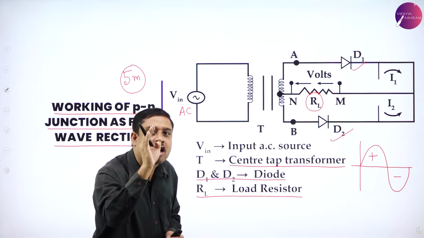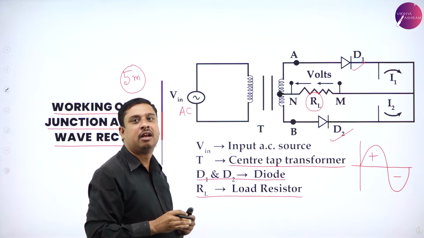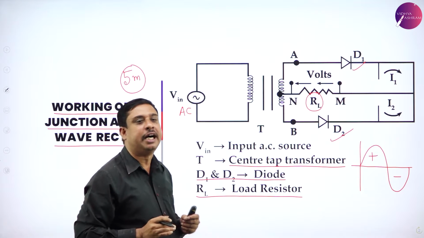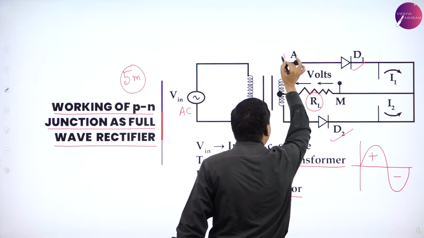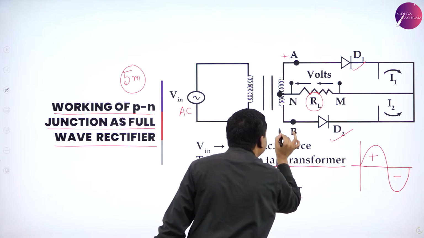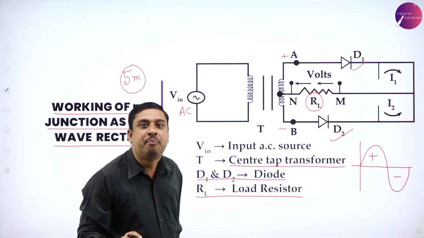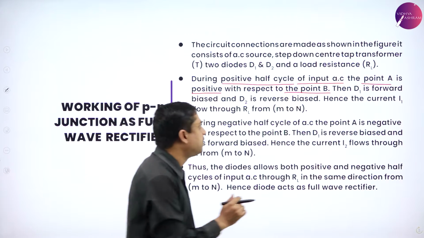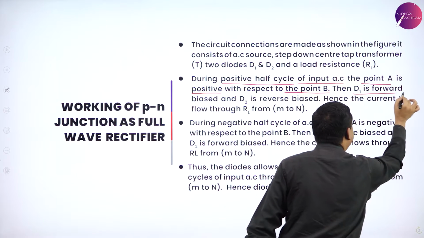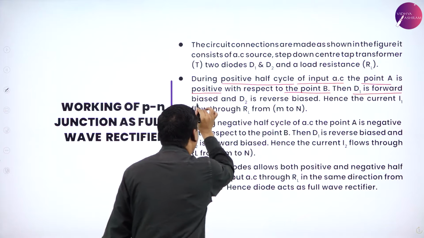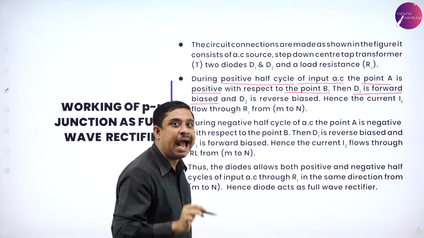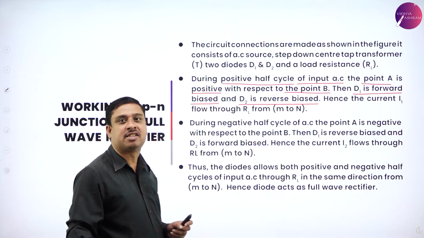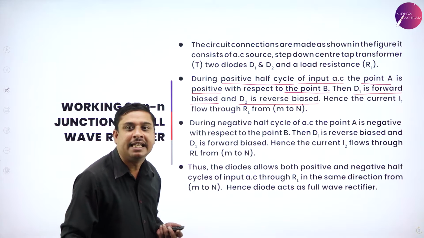As the positive half cycle is reaching the transformer, the end A becomes positive and the end B becomes negative, because of which the diode D1 is forward biased and the diode D2 is reverse biased. Look how beautiful it is.